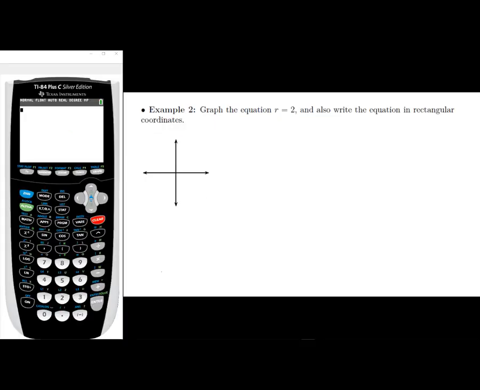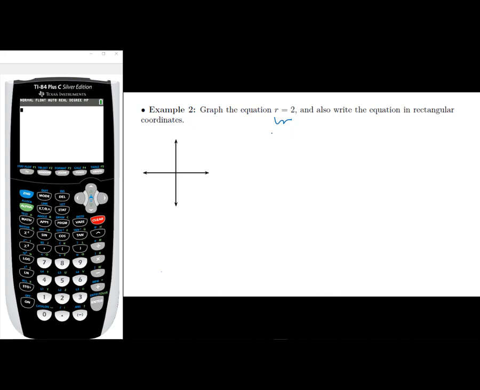So now that we've graphed points in polar coordinates, let's talk about what it would mean to graph the curve from an equation in polar coordinates. So let's start just real simple here. So we have r is equal to 2. But, you know, r is supposed to be telling us about the distance of our points from the origin.